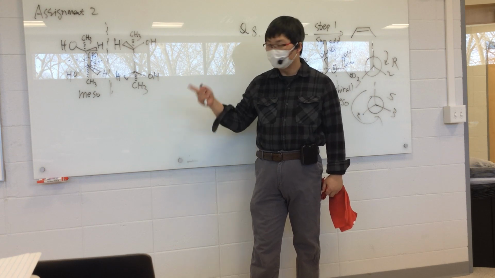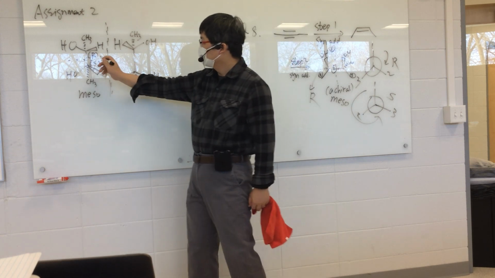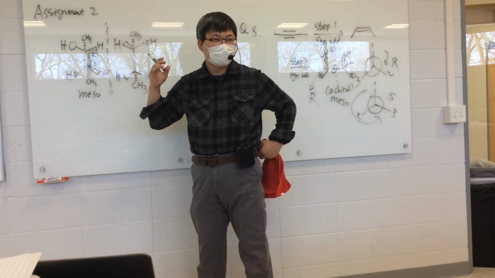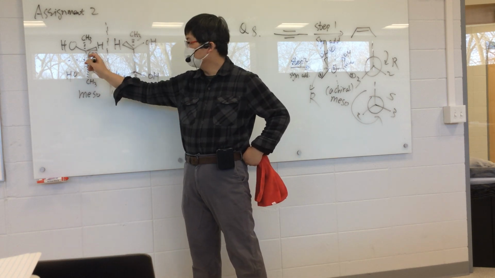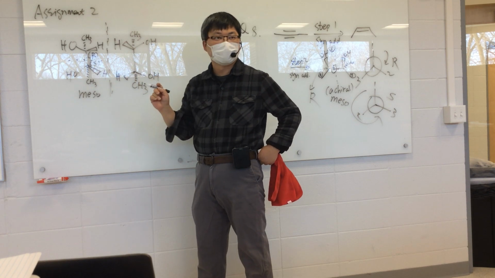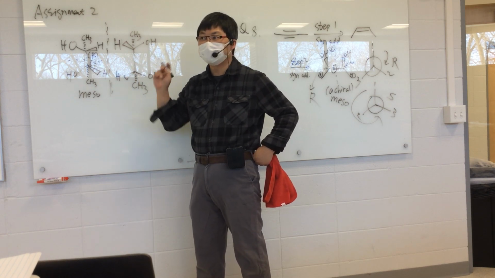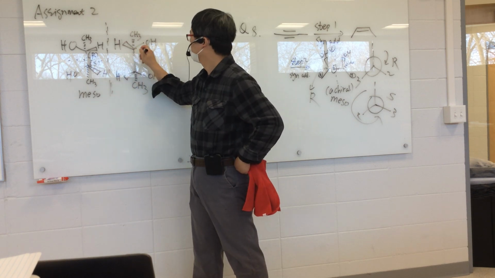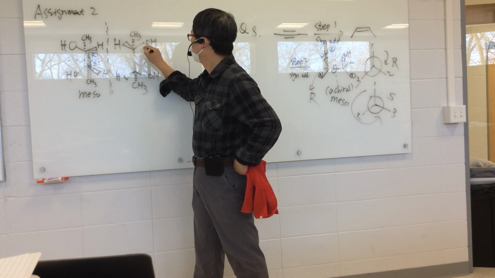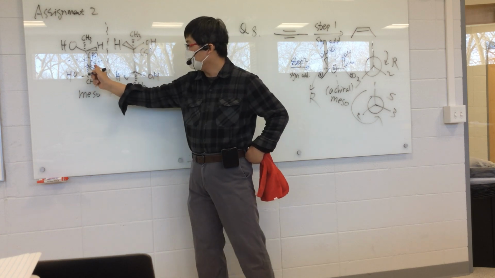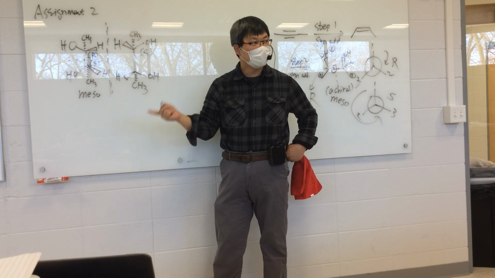Yes, okay, that's good. We'll take a look. So they look like mirror images of each other. Okay, so this is R, then what's this? This is S, right? And this is S, then this is what? R, right?